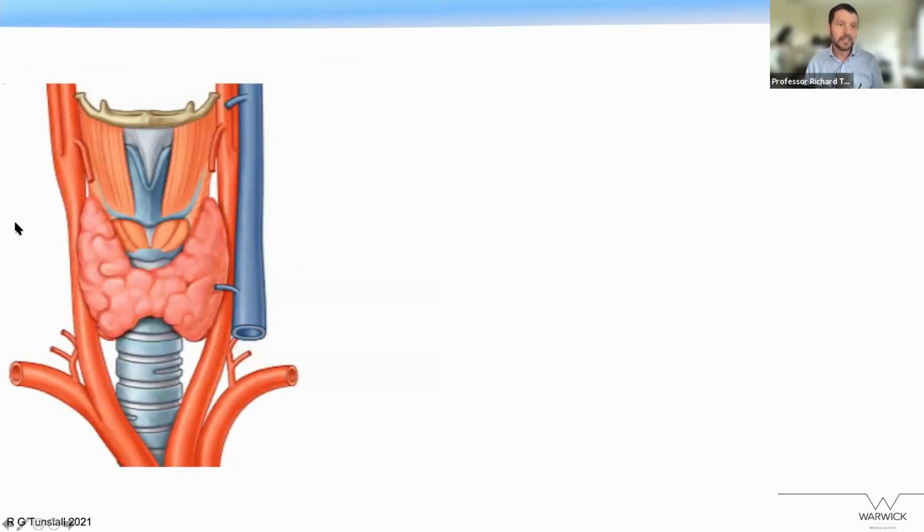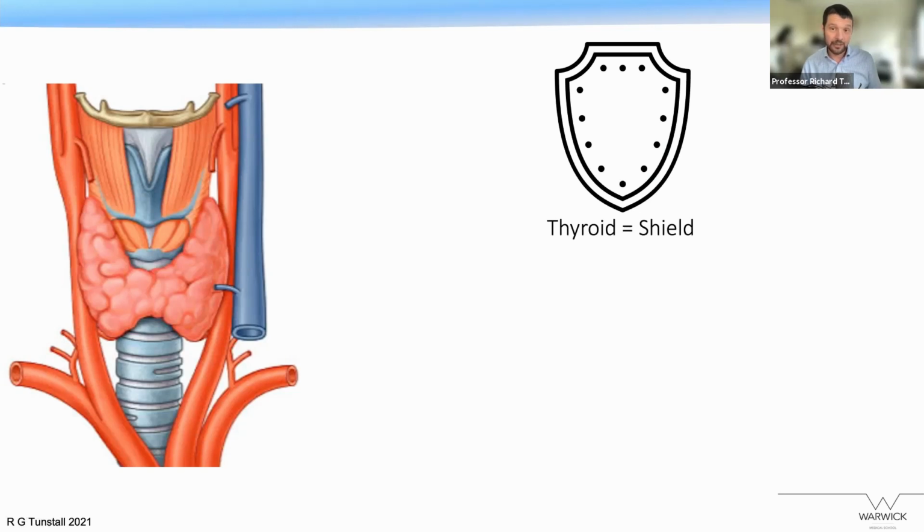Another example, this is the thyroid gland, this butterfly-shaped, pink, slightly fluffy, cloud-like looking structure here. The early anatomists thought, well, it looks like a shield covering the neck. And that's exactly what the word thyroid means. It means shield. They took it one stage further and said, well, there's two large sections on the left and right connected by this thinner piece of tissue.